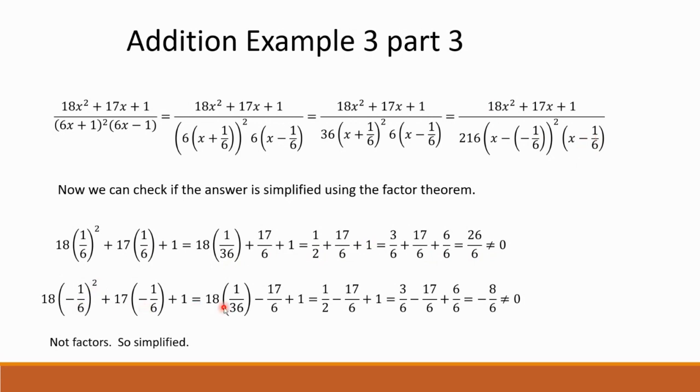For this one, same idea, except instead of 1 over 6, we do negative 1 over 6. And that's what I'm plugging in. We have 18 times 1 over 36 minus 17 over 6, as you can see, 17 times negative 1 over 6, plus 1.